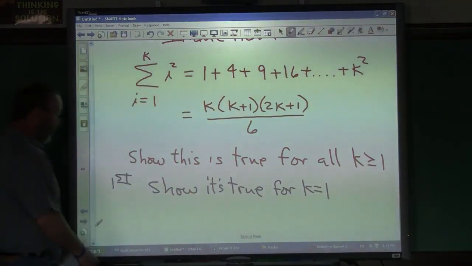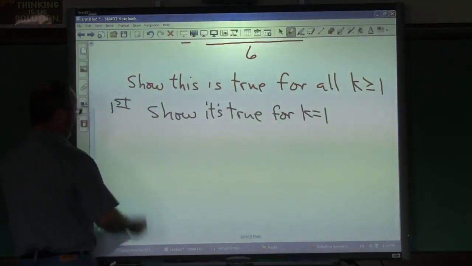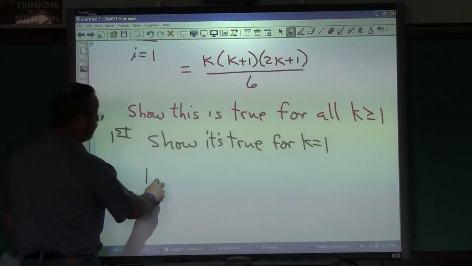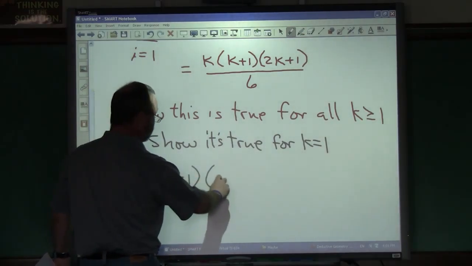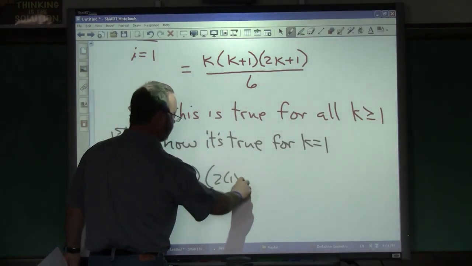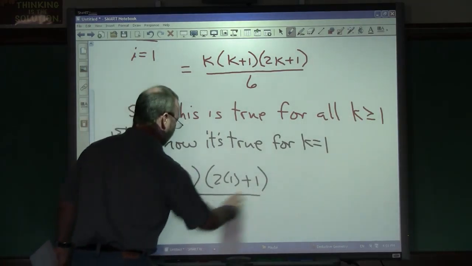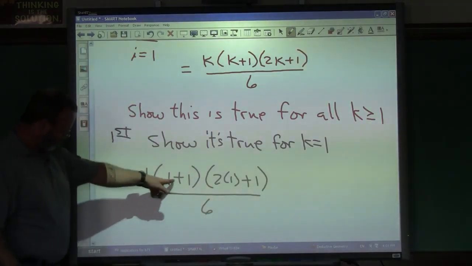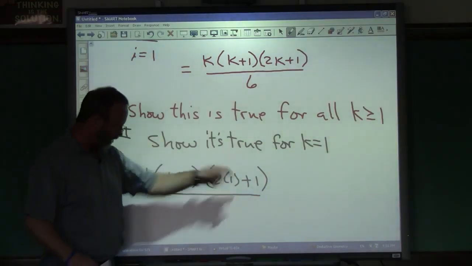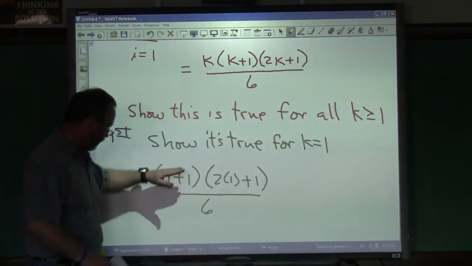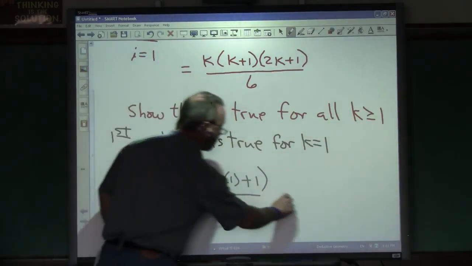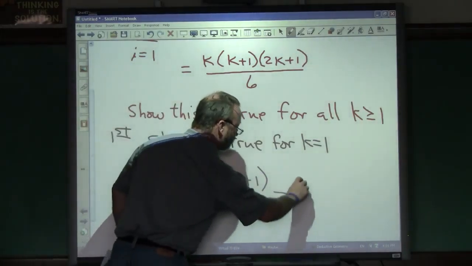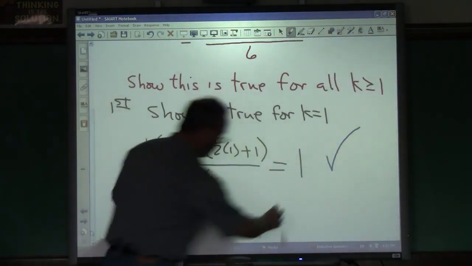All right, well, when k equals 1, I have 1 times 1 plus 1 times 2 times 1 plus 1, all divided by 6. 1 plus 1 is 2. 2 times 1 is 2, plus 1 is 3. 2 times 3 is 6. 1 times 6 is 6. 6 divided by 6, this does equal 1. So it checks for the base case.